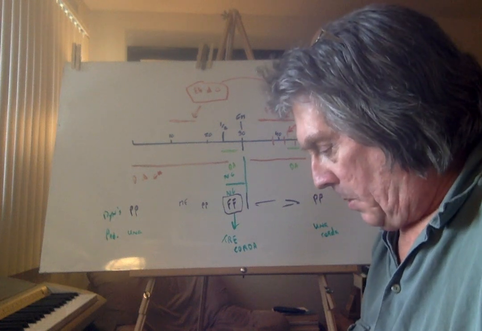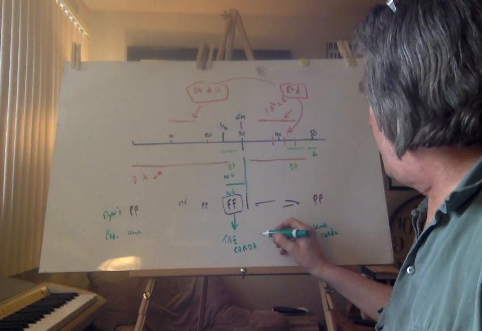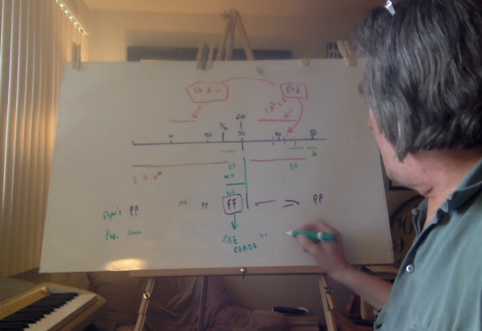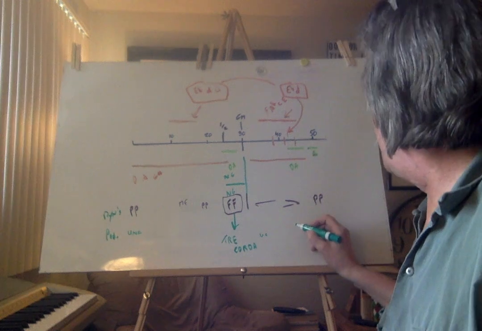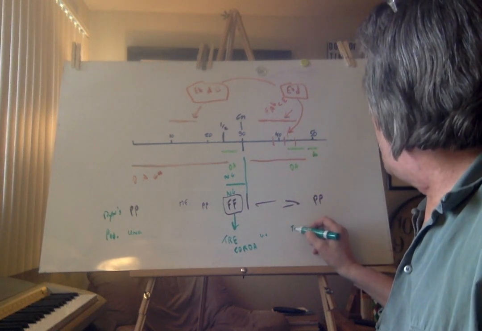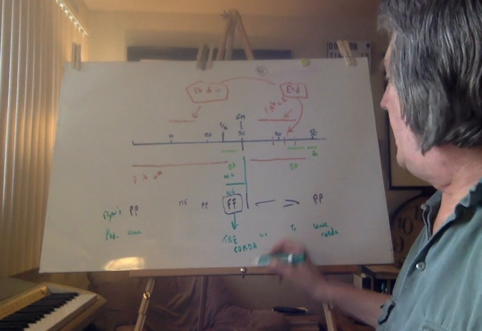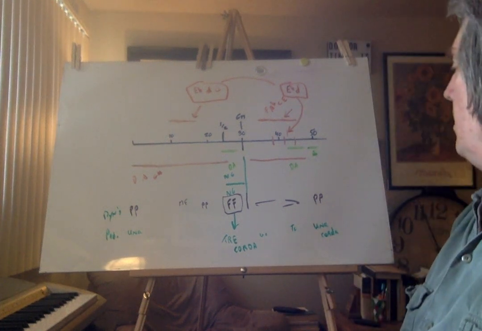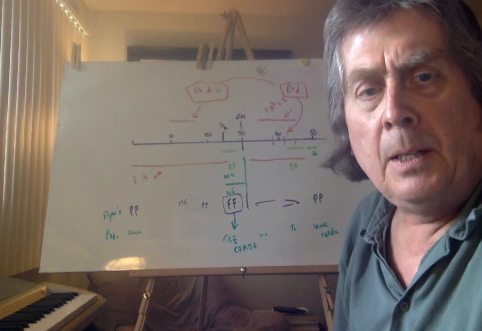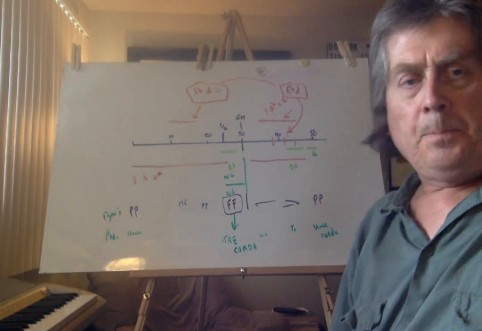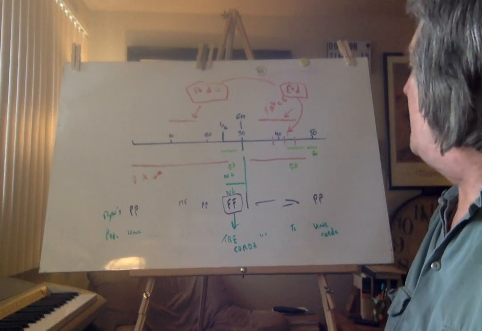Then it goes back to una corda, and there's another short tricorda right about here, and then una corda to the end. I personally have found this quite interesting. These are sort of the aspects that I've noticed in this piece.